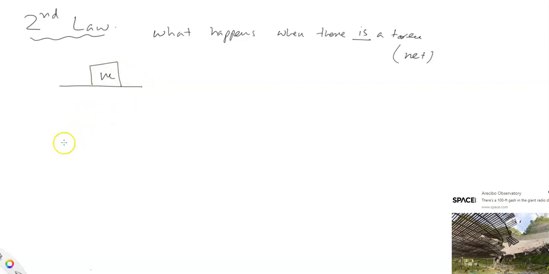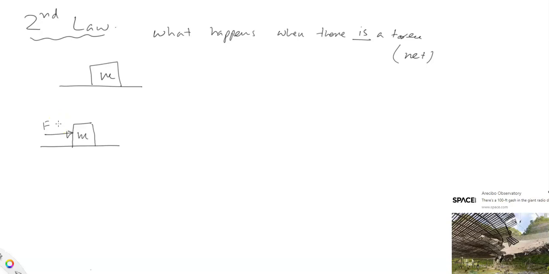Let me redraw this because that m doesn't look very good. So here's the floor, here's the box you're going to push across the hallway, and the mass of the object is m. Now you're going to apply a force F. This F could be a couple of newtons, like 20 newtons.